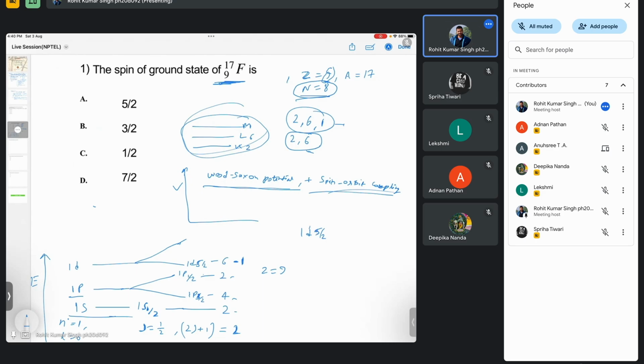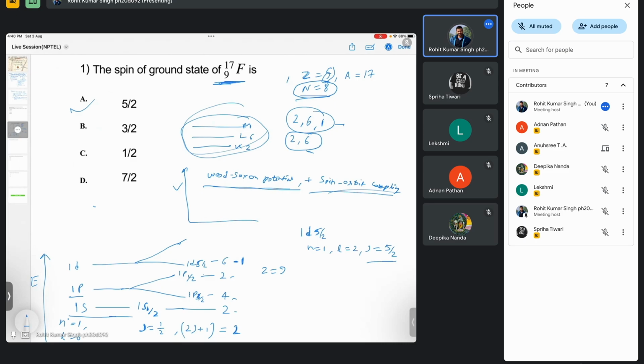So this means that it has n equal to 1, L equal to 2, and J equal to 5 by 2, right? So the spin will be, as you can see, 5 by 2, simple.